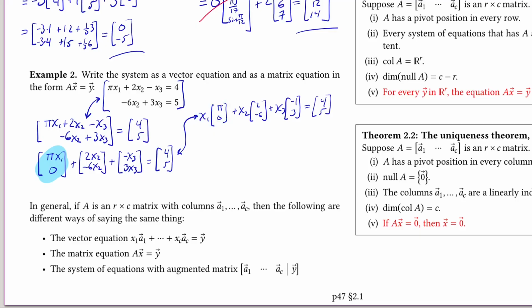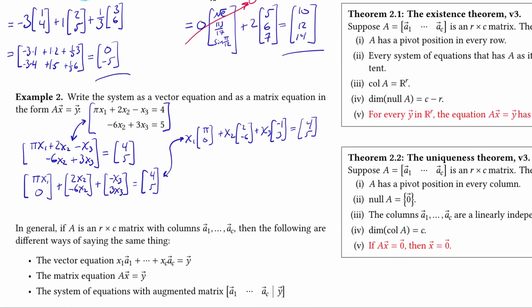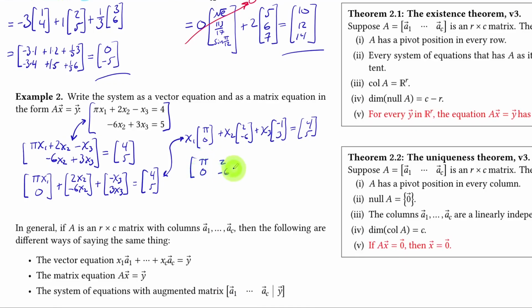So we can write this as this linear combination, and then we can apply the definition of a matrix times a vector to say we have the columns (π, 0), (2, -6), (-1, 3), multiplied by x1, x2, x3, and that's equal to (4, 5).